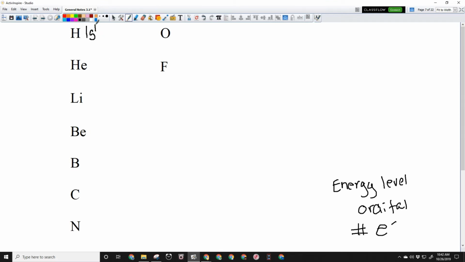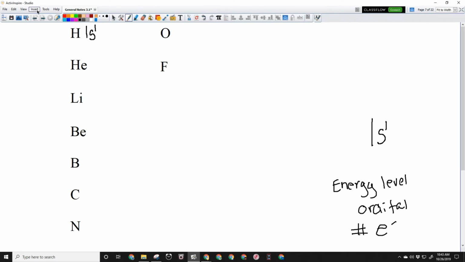So that's going to be a 1, written as a superscript, like an exponent. Energy level is written just as a large number. We have the orbital, and then as a superscript, how many electrons it has. So hydrogen is said to have a 1s1 configuration.